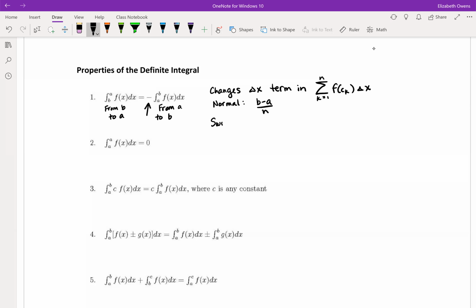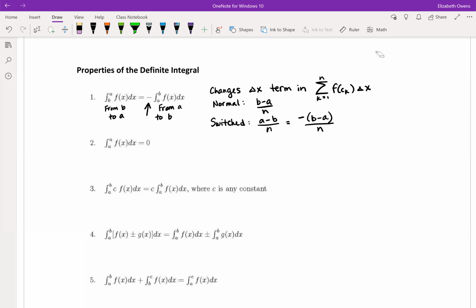When we switch those around, delta x equals a minus b over n, which would be the same thing as b minus a over n with a negative sign out front: negative b minus a over n. If you distribute the negative back through, you'll see it's the same expression. So that negative propagates throughout the Riemann sum, and we end up with this negative out front of our integral.